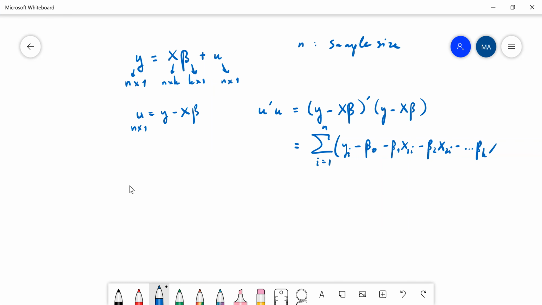Beta k xki, or something like that, right? And of course, this is squared. So what you do, of course, then you minimize by choosing beta, you minimize this animal. So this is your ordinary least squares. Okay, so you find out of this problem, you find beta hat, right?